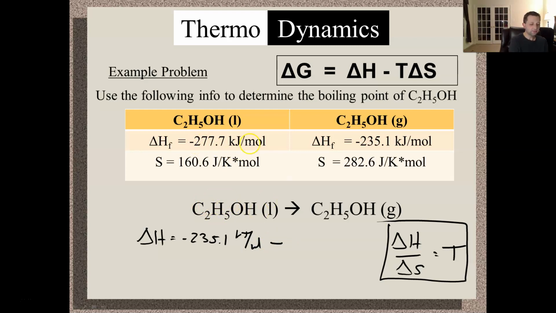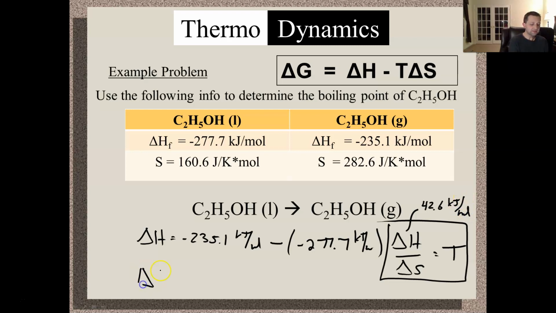So I look it up, it's minus negative 277.7 kilojoules per mole. And if you figure that out, you get an answer of 42.6, and that's going to be kilojoules per mole of reaction.